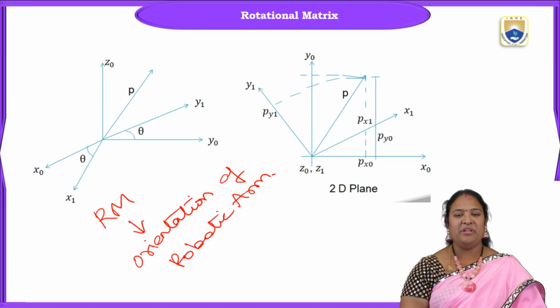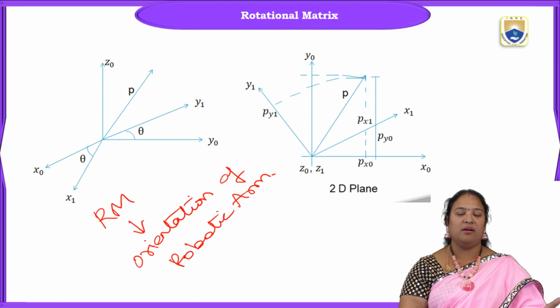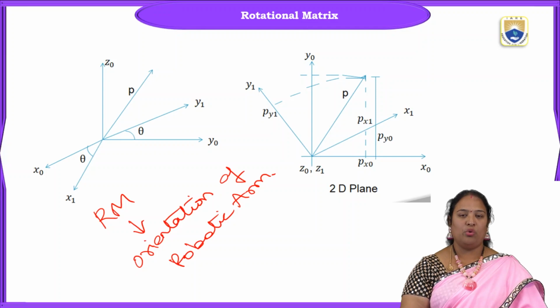Till now, in all the previous sessions, we have seen the movement of the arm, or how the movement of the end effector is done, using actuators or particular types of sensors, and how the arm and manipulators work. But how the actual position or orientation of a robot is calculated, we have not seen.